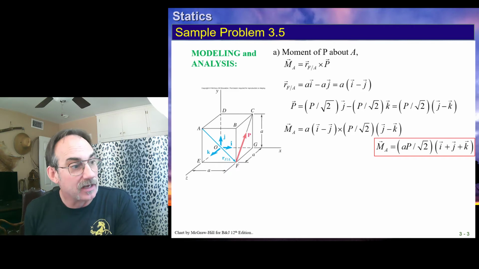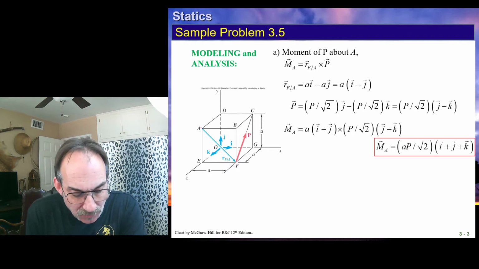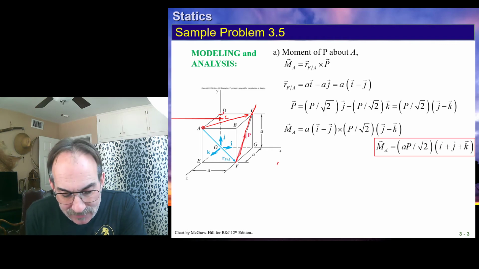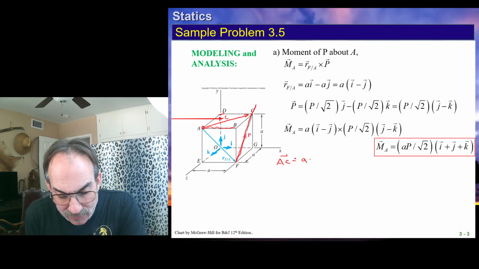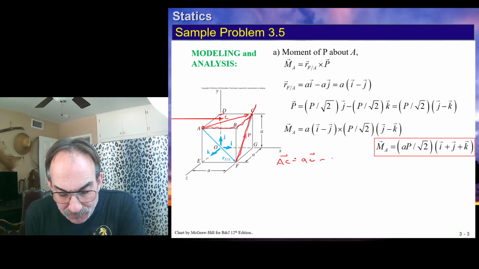If we look at our diagram here, another convenient vector goes from A to the line of action of P, which goes right through this point C. We could have also used this vector. This is AC. AC is simply, we move in the positive I direction A units, and then we move in the negative Z direction, A units.